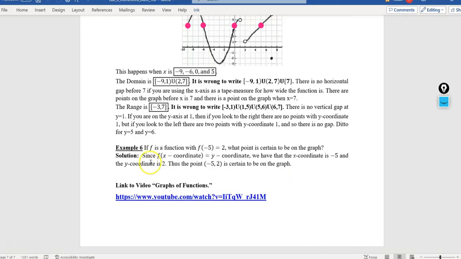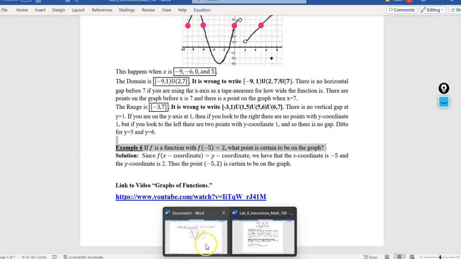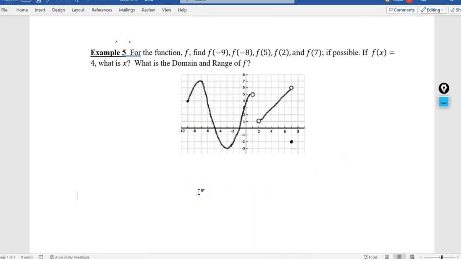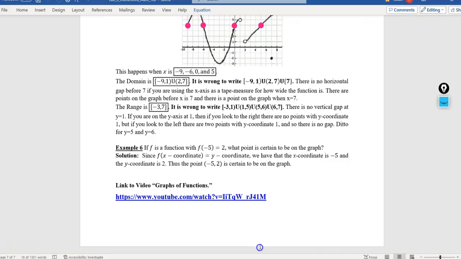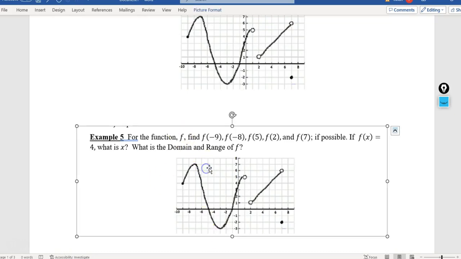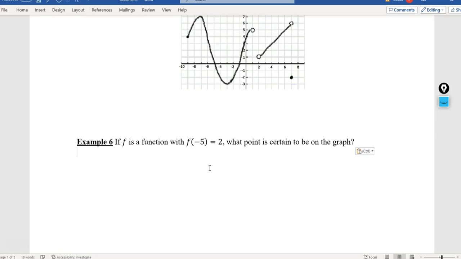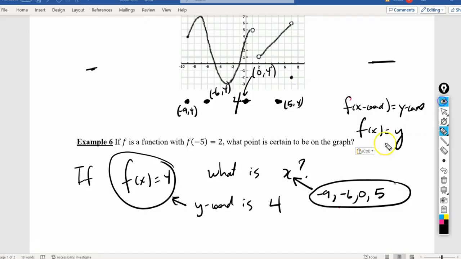Okay. So finally, if you have something like this, let's try it again. All right. You've been told here the point that's on the graph.